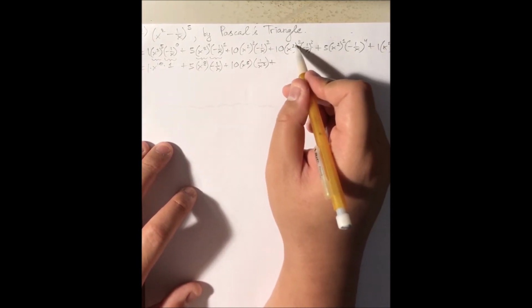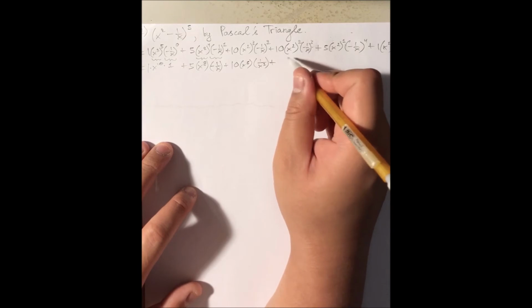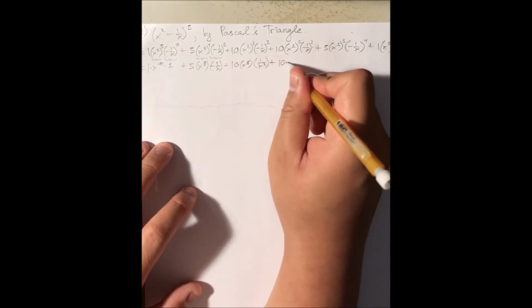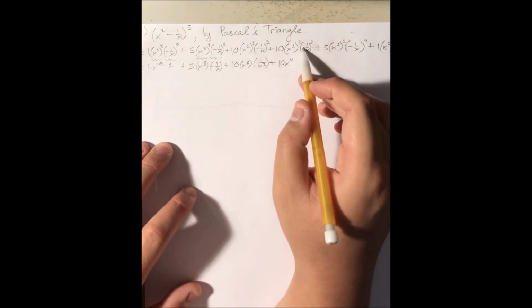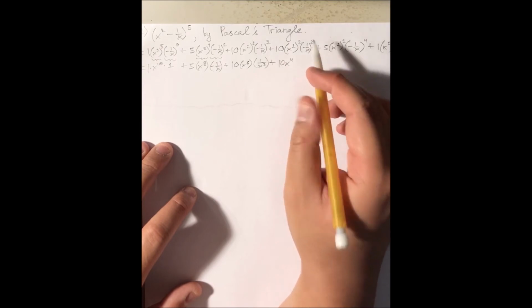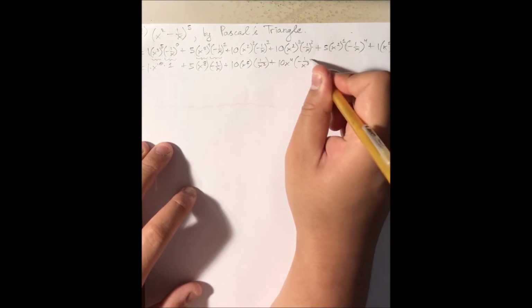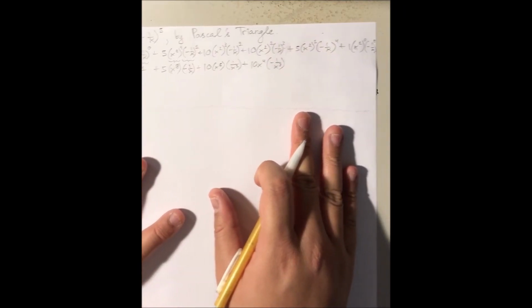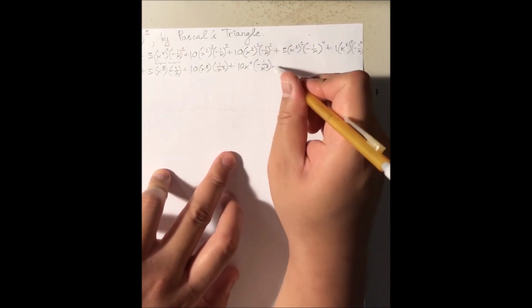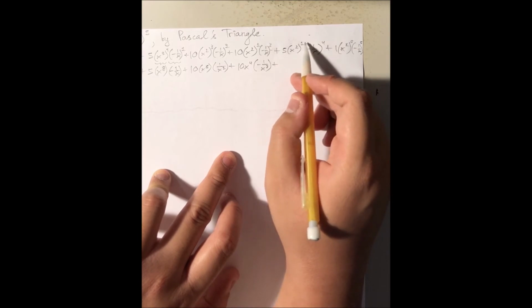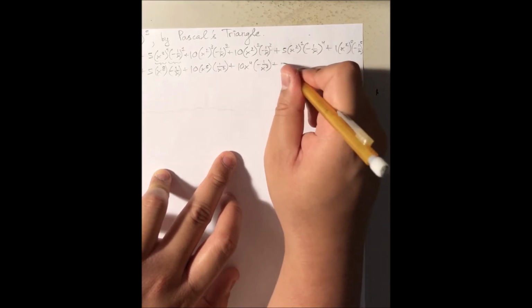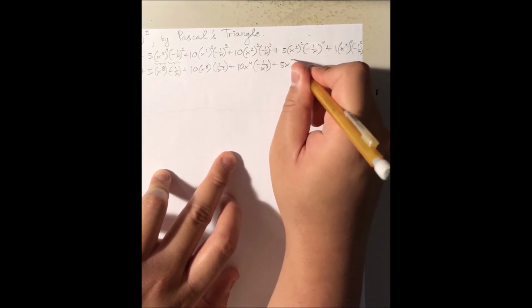Plus x squared raised to the 2 is going to be x to the 4th, so 10 times x to the 4th. Negative 1 over x raised to the 3rd is going to be negative 1 over x cubed. X squared raised to the 1st is going to be x squared itself. 5 times x squared is going to be 5x squared.